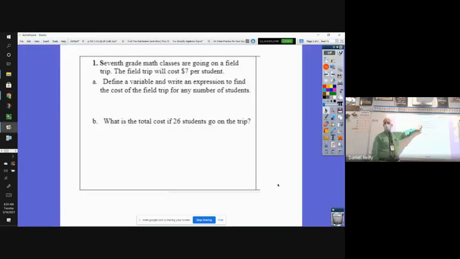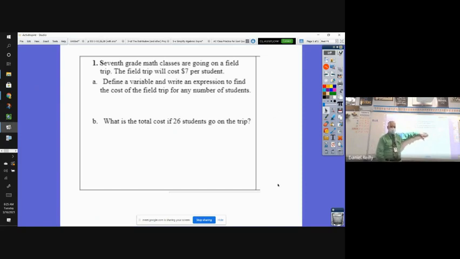All right. So the first thing to do here is define a variable. What does that mean? What does define a variable mean? You have to pick a letter to represent the number that you don't know in the problem.